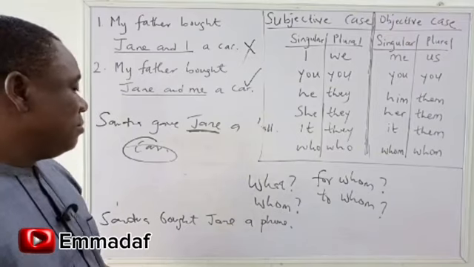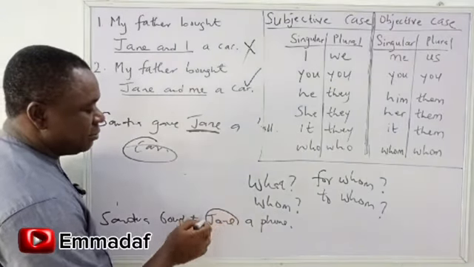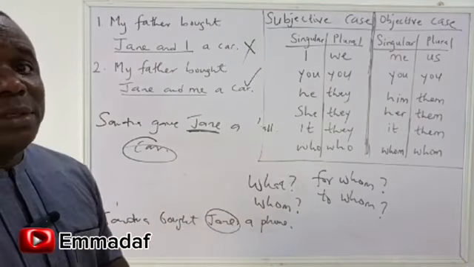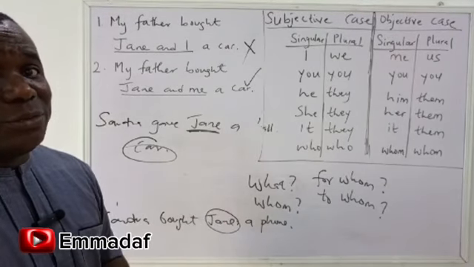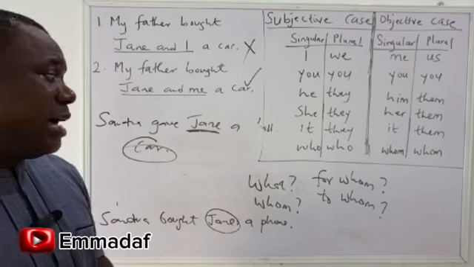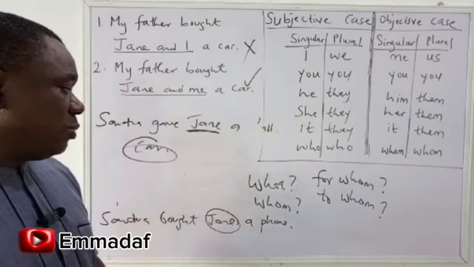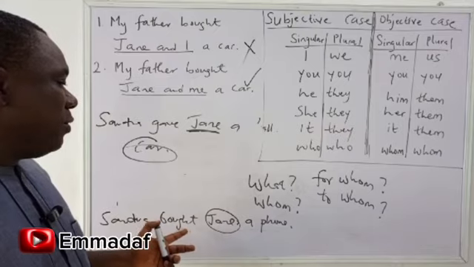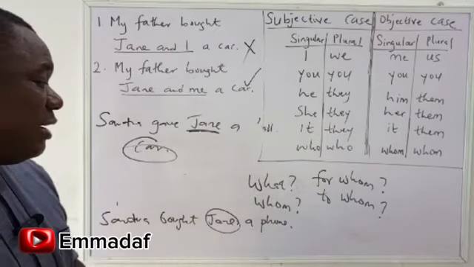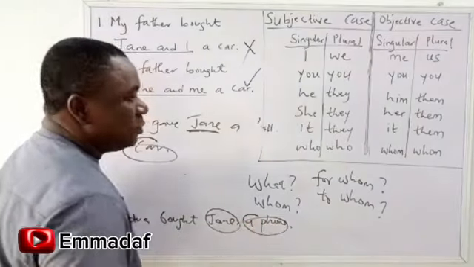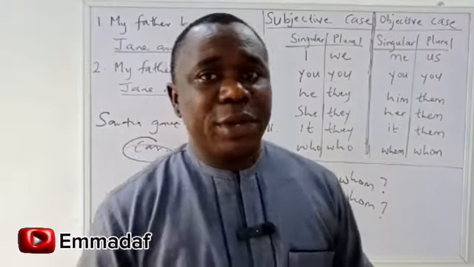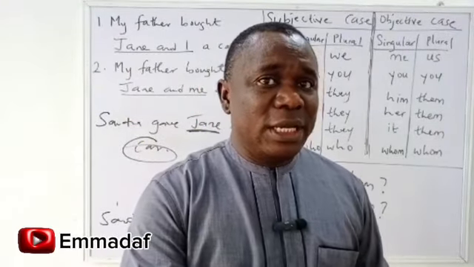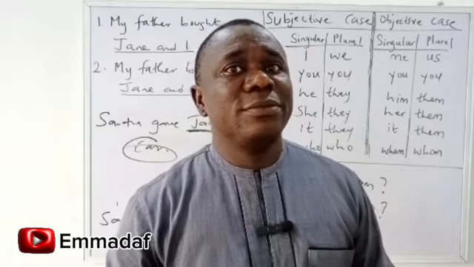For Jane. So this is the indirect object of this verb. I'm searching for the direct object. What question should I ask? What or whom? What did Sandra buy for Jane? The answer is a phone. So I believe we understand the concept of the direct object and the indirect object.